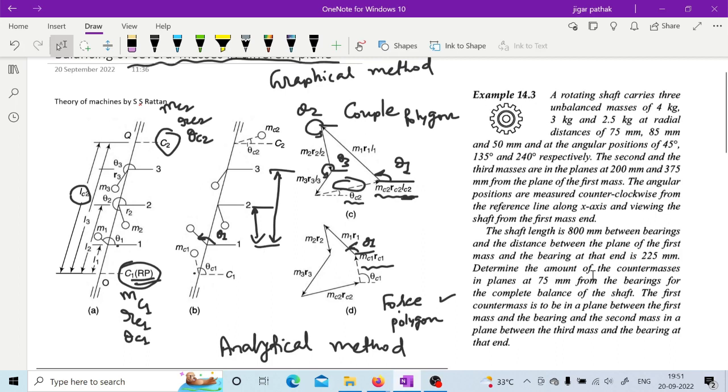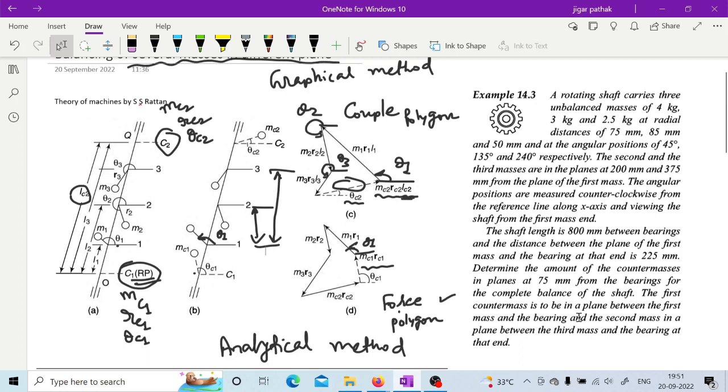Now determine the amount of the counter masses in planes at 75 mm from the bearings for the complete balance of the shaft. The first counter mass is to be in a plane between the first mass and the bearing, and the second counter mass in a plane between the third mass and the bearing at that end, right?